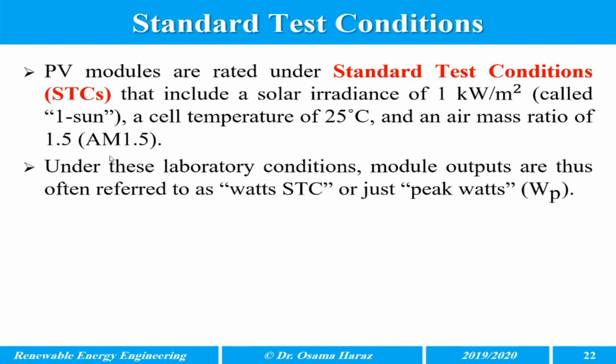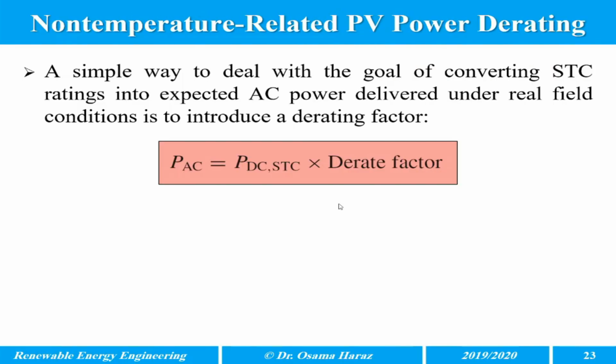So your PV panel is going to be measured under these conditions, so we say this is the standard test condition. Under these laboratory conditions, module output is thus often referred to as watts STC. So the power generated from the PV, we call it watts STC or peak watts.